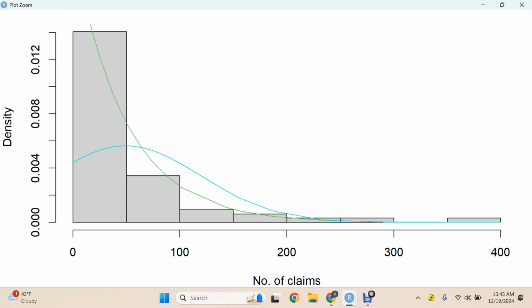Okay, but we talked about logicals, right? So all you have to do, if X is the claims, is X greater than 300. This will give you what results? True, false, and so forth. The sum of it will give you what?